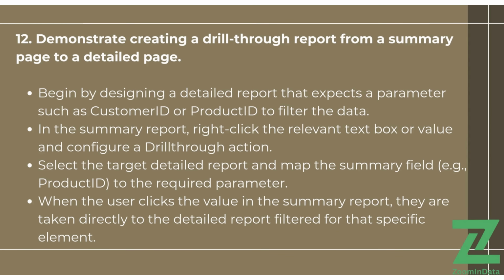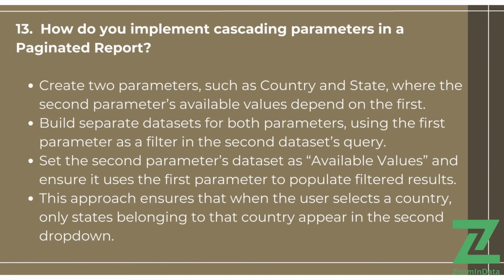Select the target detailed report and map the summary field, example product ID, to the required parameter. When the user clicks the value in the summary report, they are taken directly to the detailed report filtered for that specific element.